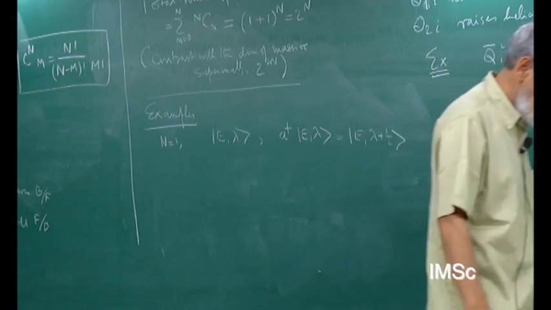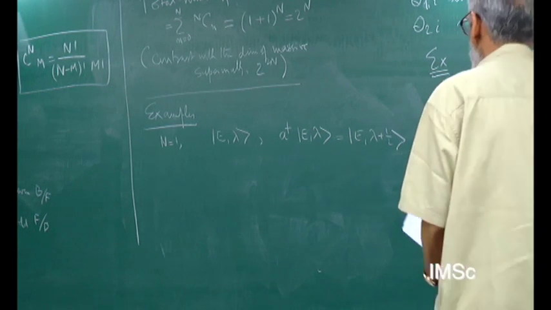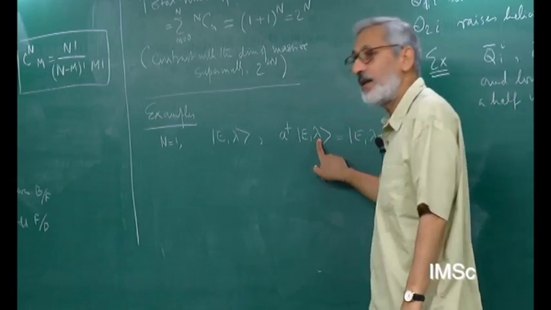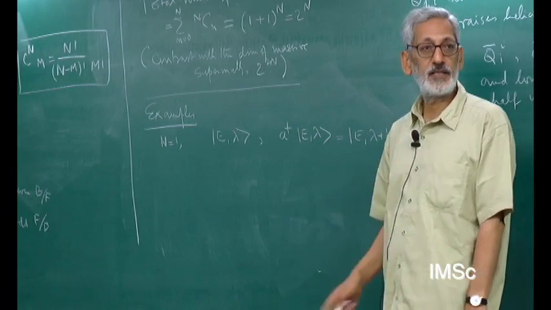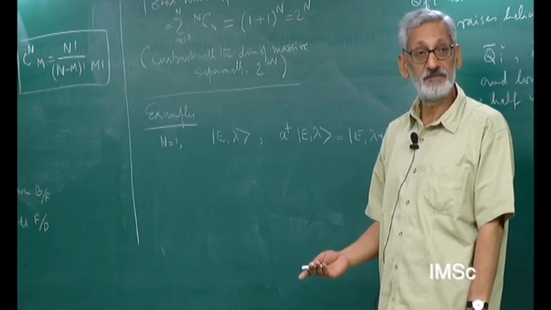But in nature, we know we have CPT invariance. This is not a CPT self-conjugate multiplet, because if it was, it should also have had helicity minus lambda, since they are each other's CPT conjugates, particle and antiparticle.